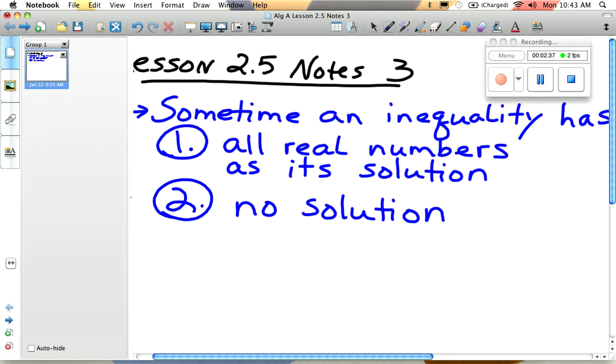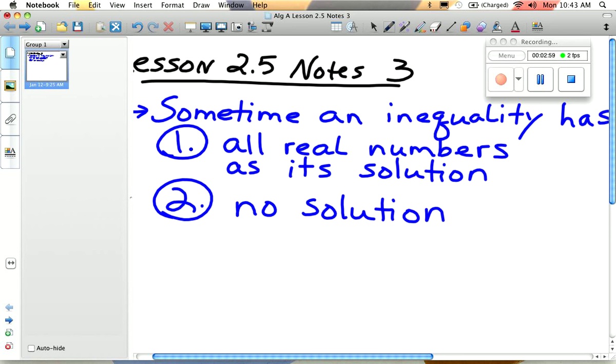No, there is not a number on the number line that would make that inequality true. So again, if we find out that there's no solution, you get off the hook for graphing it because you would make a number line and you wouldn't shade any part of it because there aren't any numbers on it that would make it true.